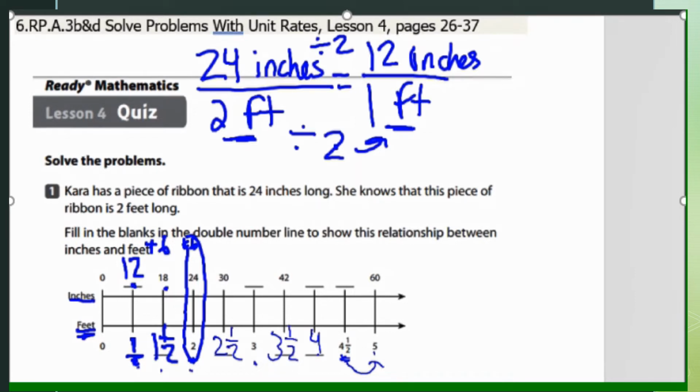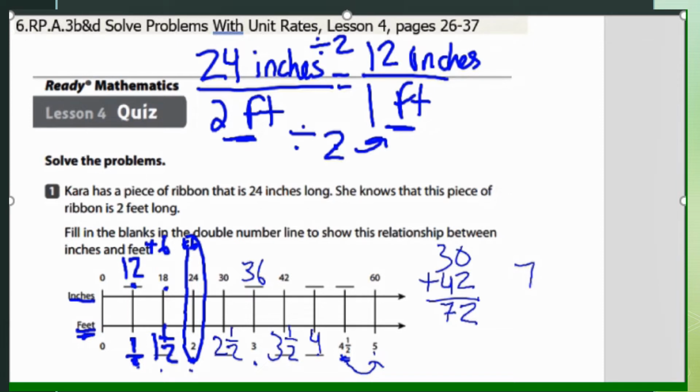And then for the numerator, you can think, what number is halfway between 30 and 42? Or you can think add 6. Halfway between 30 and 42 is 36. How do I know that? Because if I add 30 plus 42, I get 72.